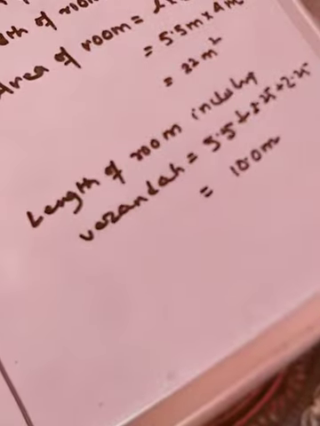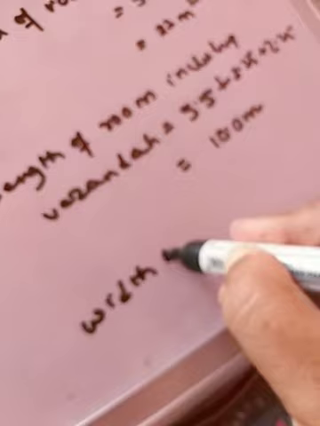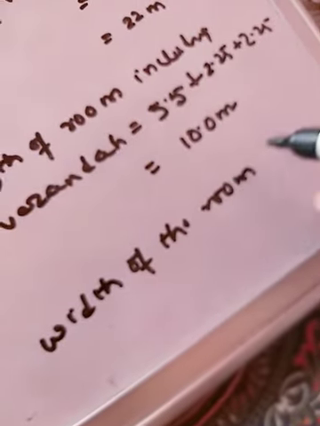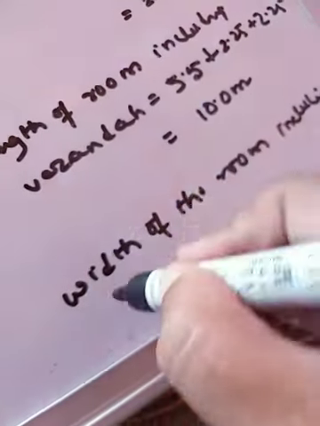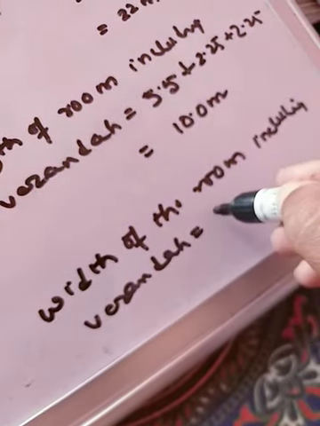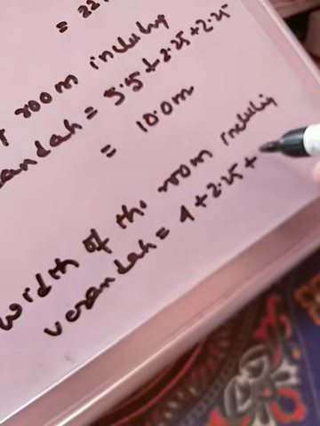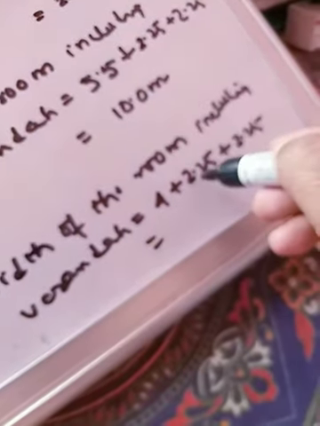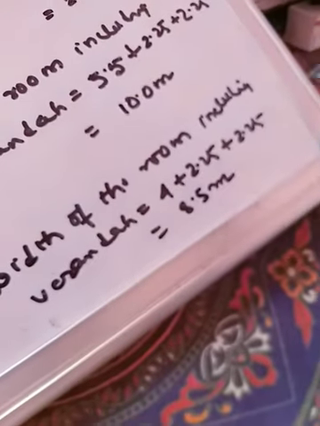Understood? Now similarly we'll get the width. Width of the room including veranda: with 4 we have to add 2.25 plus 2.25, isn't it? So the answer would be 8.5 meter.